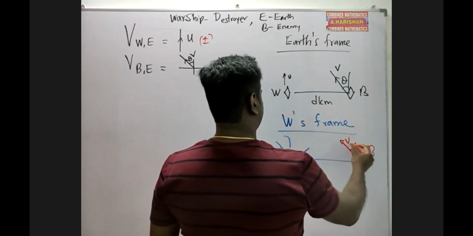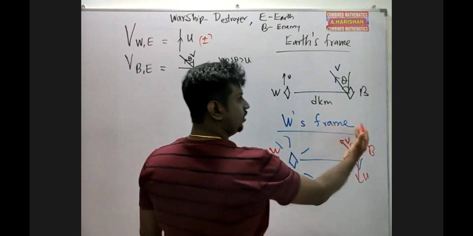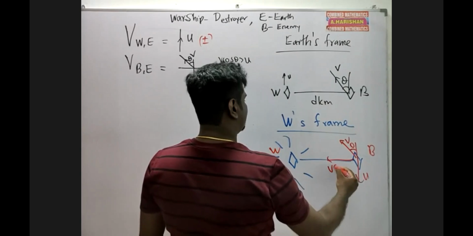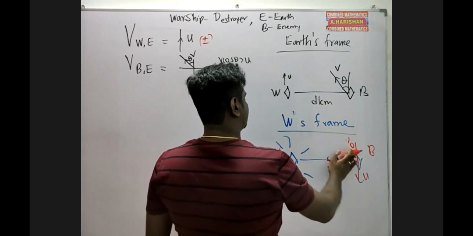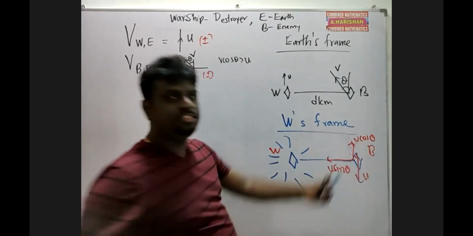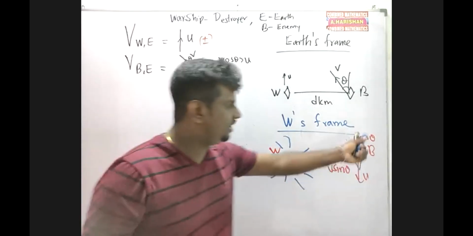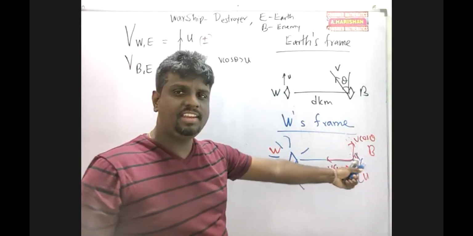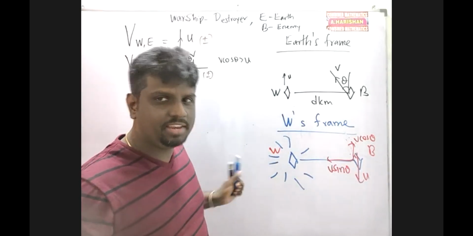This is V theta, this is U. So V cos theta, V sin theta, if you resolve. This is V cos theta plus. If V cos theta equals U, definitely this will travel in this direction and they will meet.